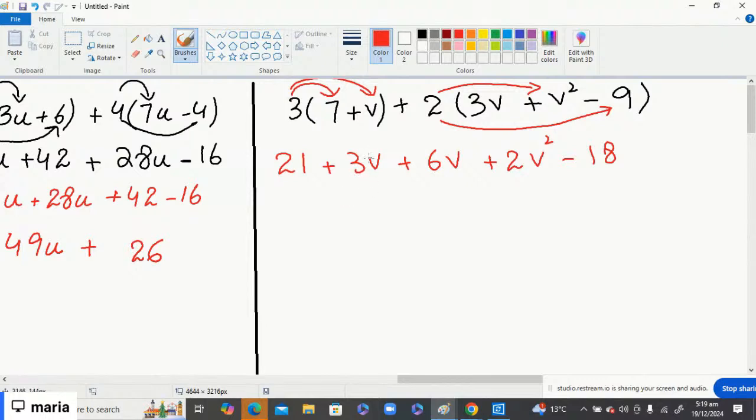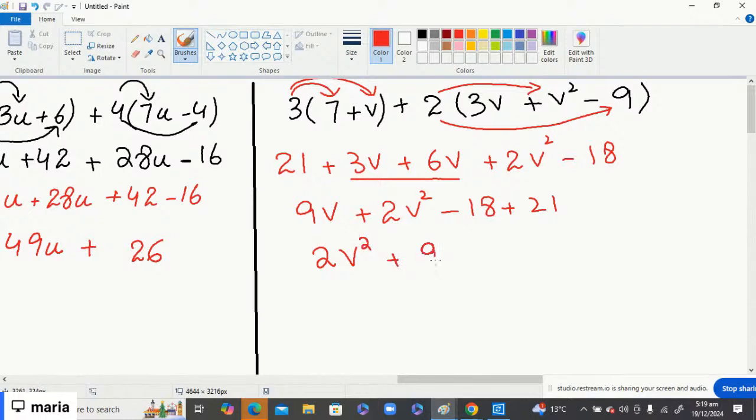Now solve these two. 6 plus 3 is 9v, plus 2v square as it is, minus 18 plus 21. First of all, we write the square term, then we write the single term. Minus 18 plus 21 is 3. This is the answer that we get.